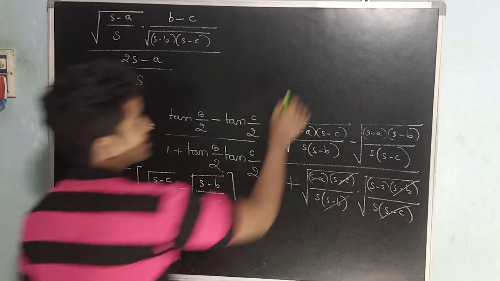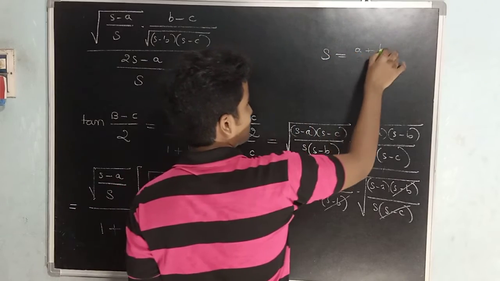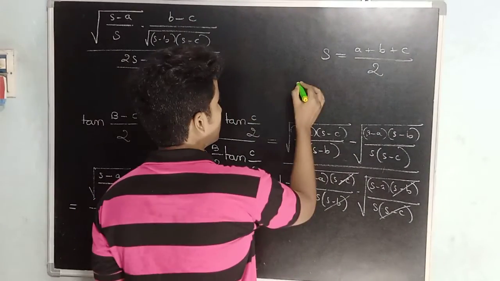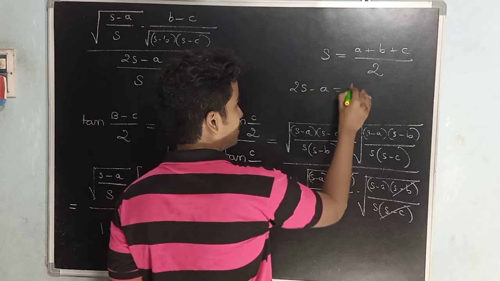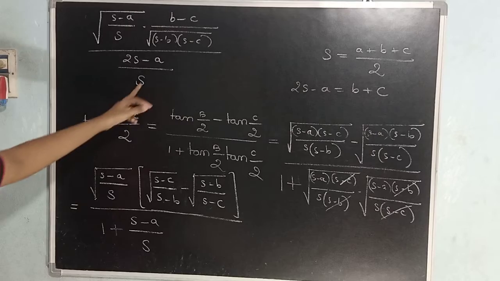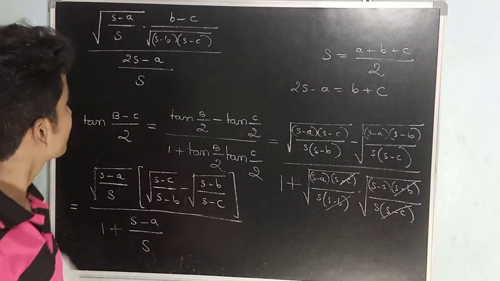Here 2s is nothing but a plus b plus c, so s is the semi-perimeter, half of the perimeter of the triangle. So 2s minus a is nothing but b plus c.